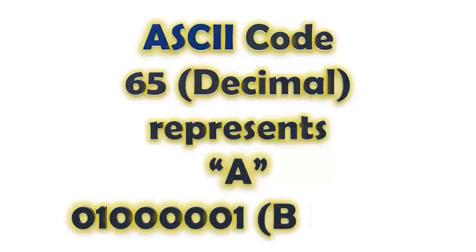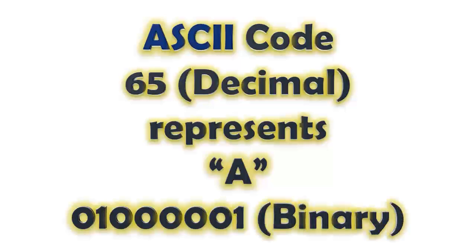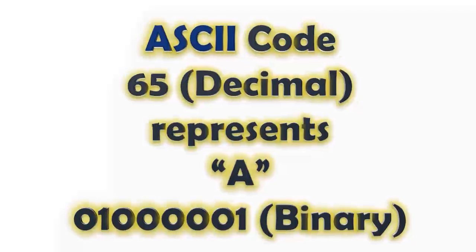American Standard Code for Information Interchange, ASCII, defines a code for each character. For example, capital letter A is given the ASCII code of 65. The 65 converted to binary is 01000001.